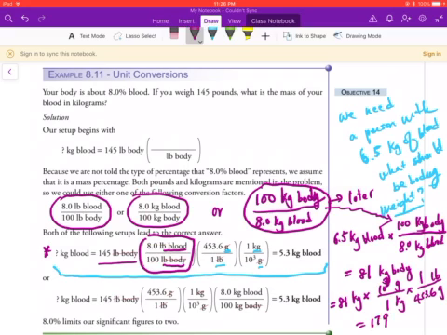However, based on the number of sig figs, I only had 2, so I'd rather say it's equal to 1.8 times 10 to the second pounds. This is a person that is 180 pounds. So this is using percentages as conversion factor calculations.